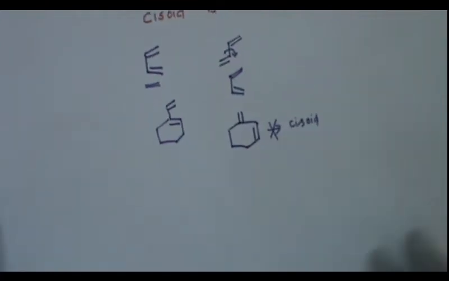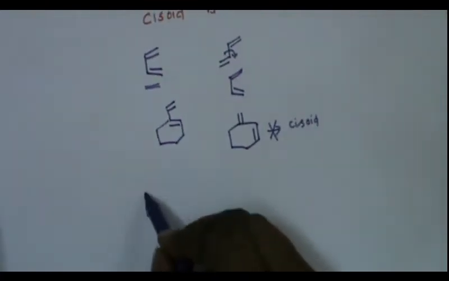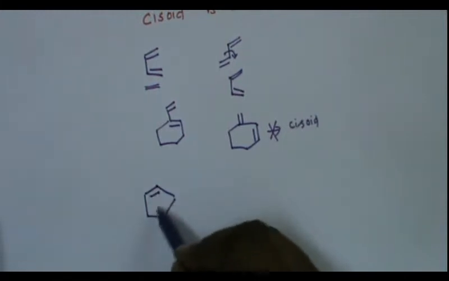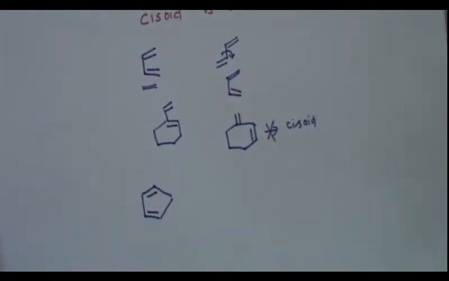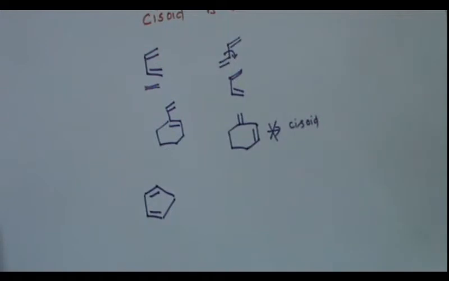That's why this cyclopentadiene is considered as a best diene for Diels Alder reaction, because it is Cisoid conformation. Here, what type of question may be asked?